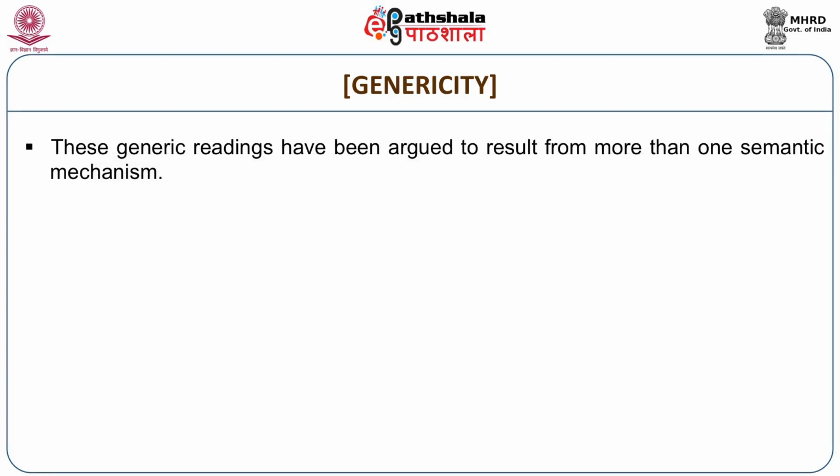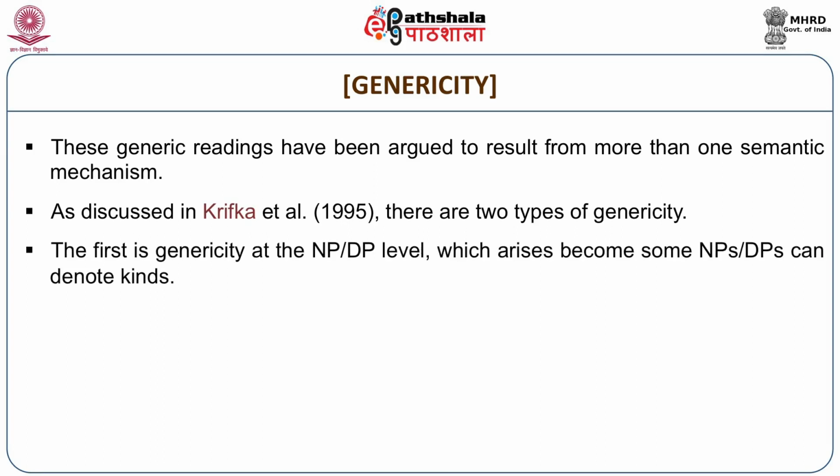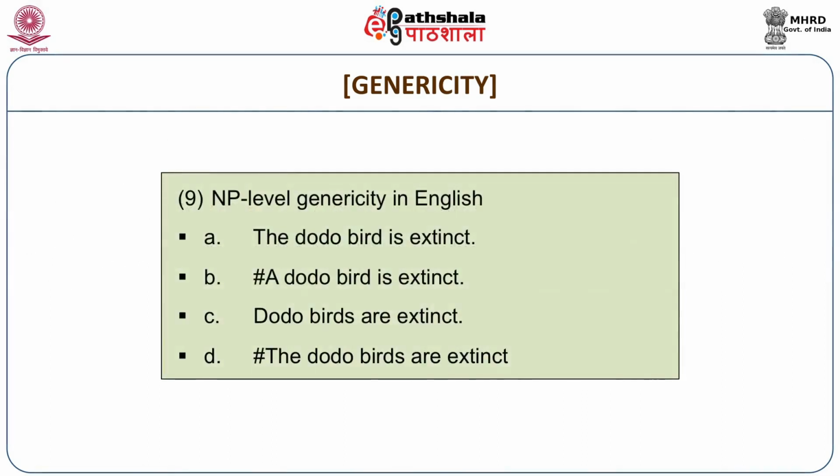Generic readings have been argued to result from more than one semantic mechanism. As discussed in work by Krifka and his colleagues, there are two types of genericity. The first is genericity at the noun phrase level, which arises because some noun phrases can denote kinds. So when you say "the dodo bird is extinct," the noun phrase here refers to the kind, the dodo bird.